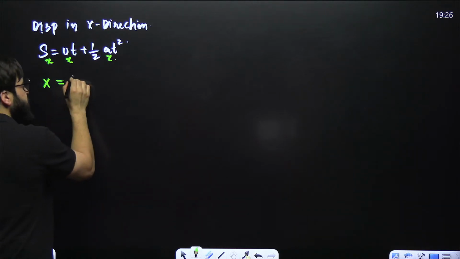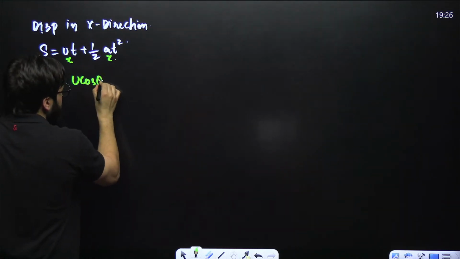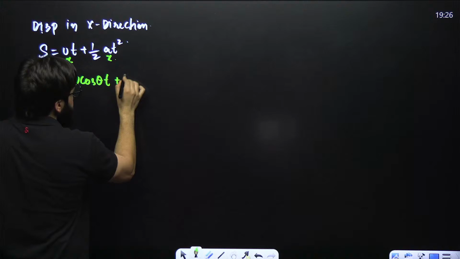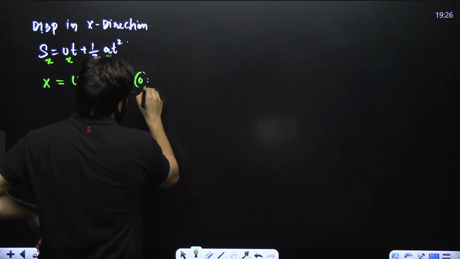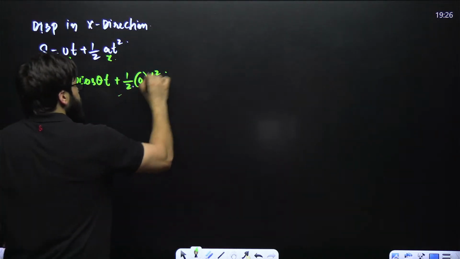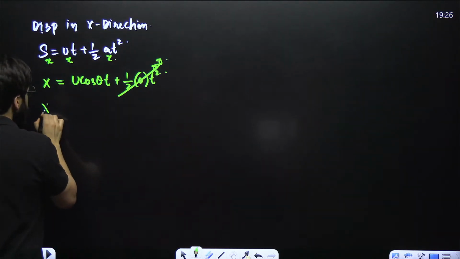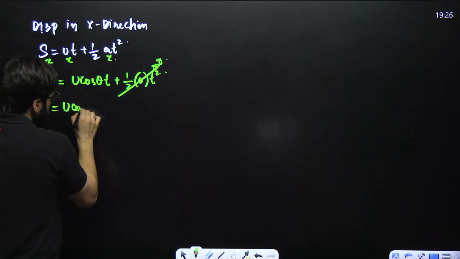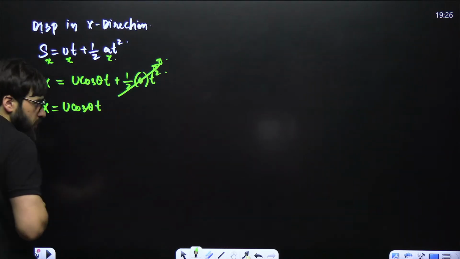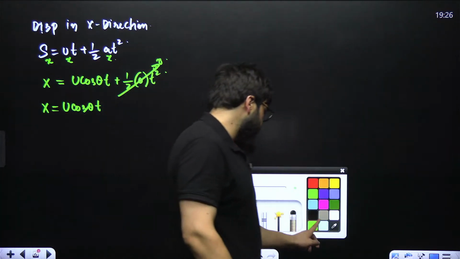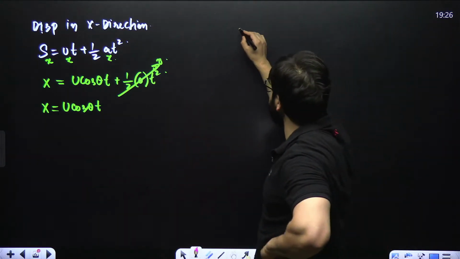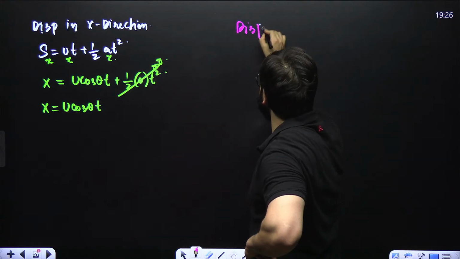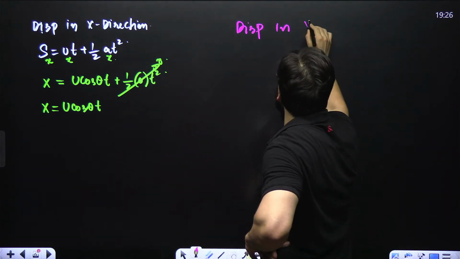Initial velocity in x direction is u cos theta, time is t, plus 1 by 2, acceleration in x direction is 0, into t square. So this term will become 0. The value of x will come out to be u cos theta into t. So this is how we find the displacement in x direction. And let's suppose if I ask you to tell me what is the displacement in y direction.